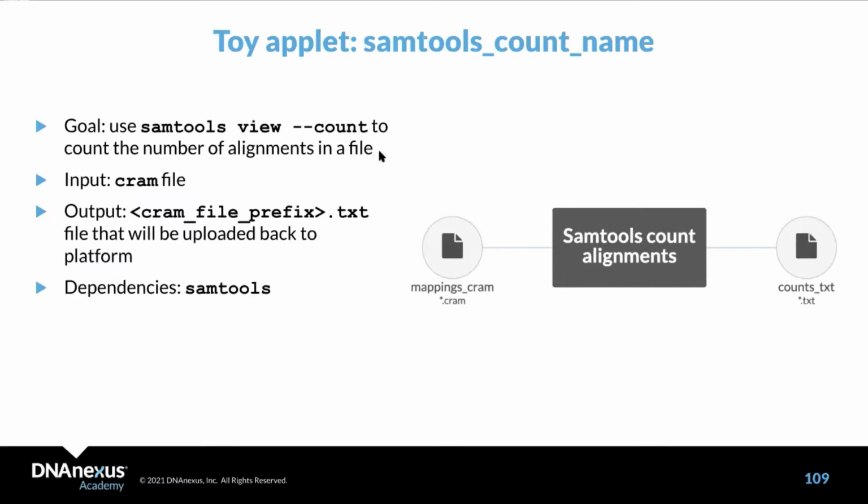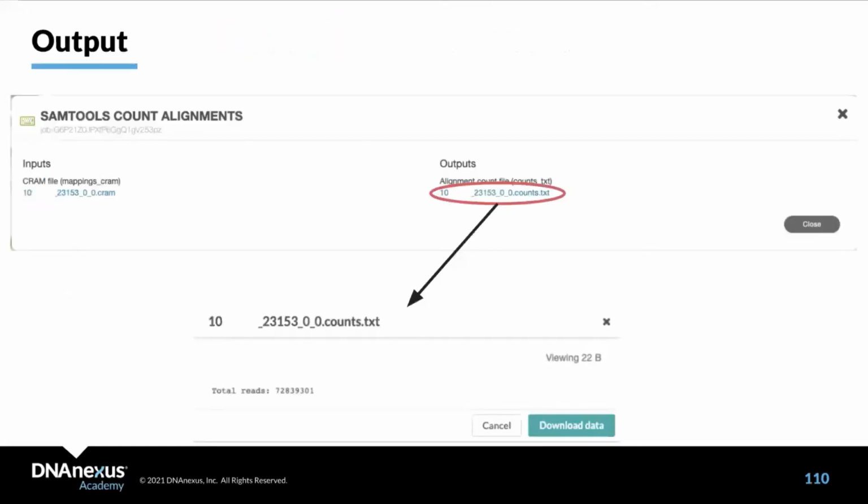Input for us will be CRAM files released from whole exome sequencing data. And the output will be a TXT file, which has the CRAM file prefix, that will be uploaded back to the platform. And inside this file will be the number of alignments. And the dependency for this applet is the SAMtools program.